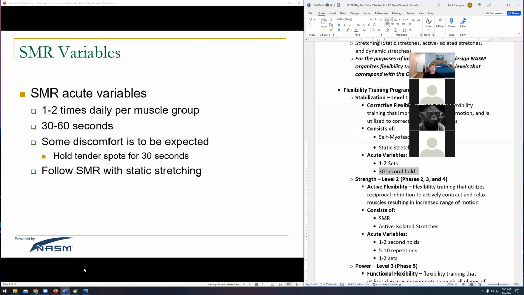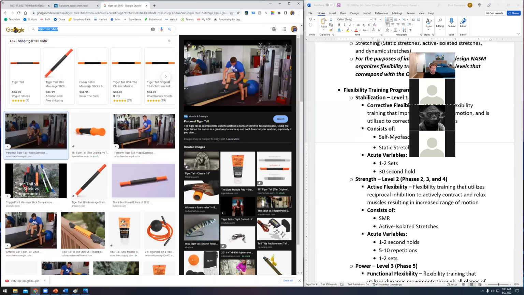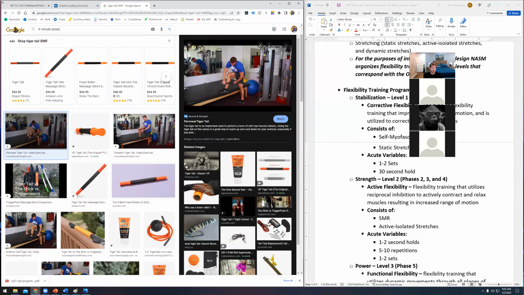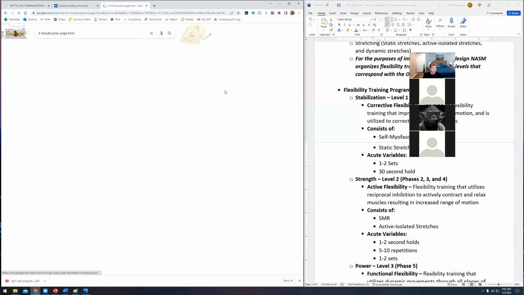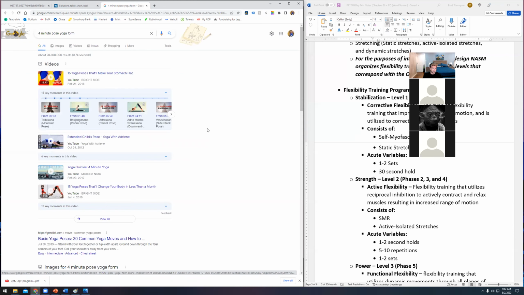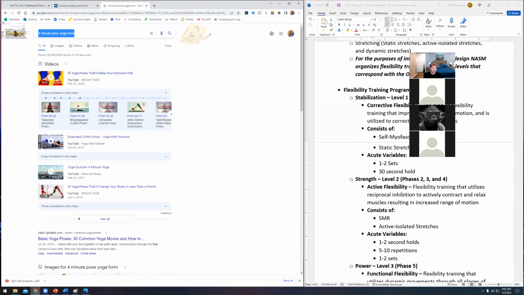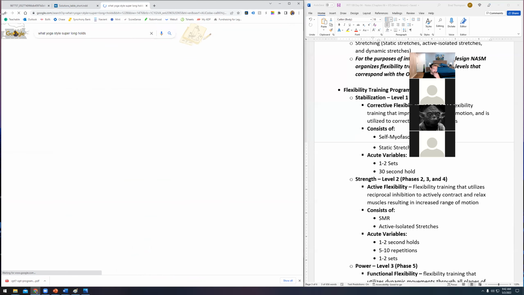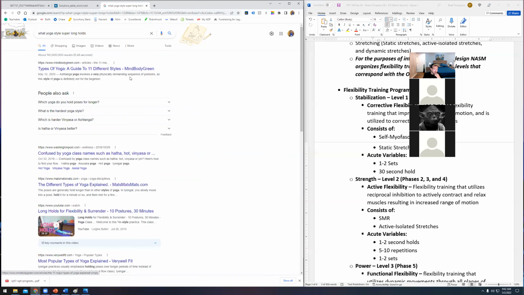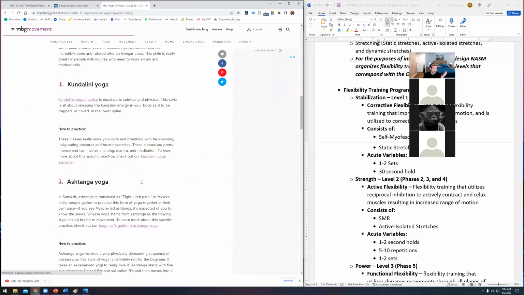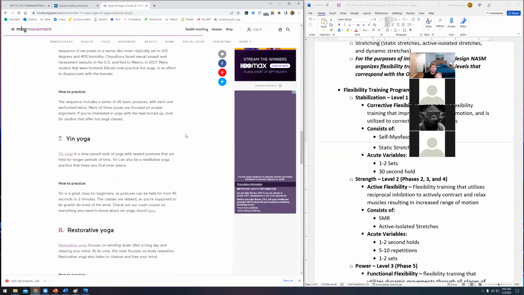There's even a specific form of yoga. What's that type of yoga called? Vinyasa, hatha, iyengar, yin.